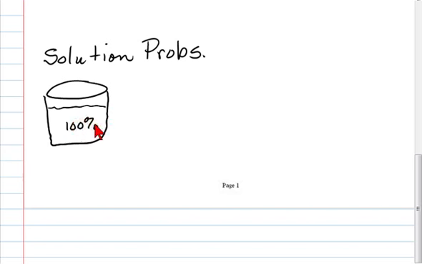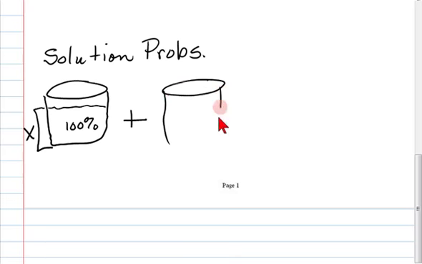Now, it talks about how much pure acid. So I'm going to draw a little line out here, which is going to indicate what the volume is, how much, and the answer is, I don't know. So I'll put variable x. How much pure acid should I mix with? So I'll put a plus sign. And then I'm going to draw another beaker.